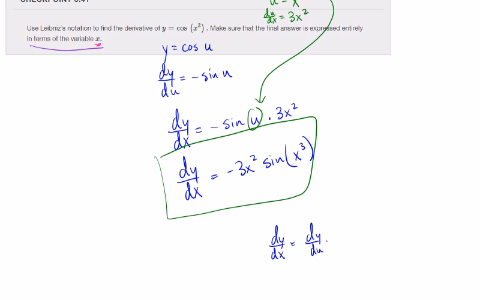And then you could have an inner function inside of u, so it could be like du dv, and then you could have dv dx. Oops, not equals, but should be multiplied there. So you could have something like that too. So it's really the same thing. You just multiply the derivative of the outer times the derivative of the next most outer, until you get to the derivative of the most inner function. All right.